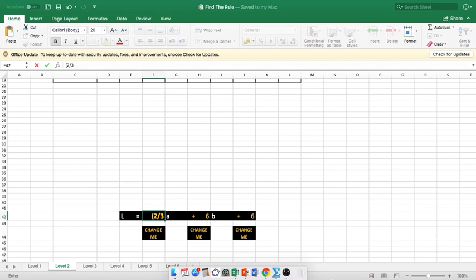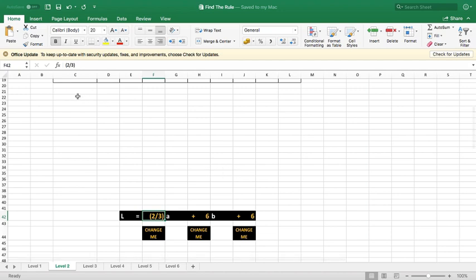So you put it in like 2/3 like that, and it doesn't like that because it thinks that's text, but if you put equals 2 over 3, then it'll recognize it as a number, and that kind of works as 2 over 3. So you can put in things like fractions or minus numbers, -3, all sorts of things.